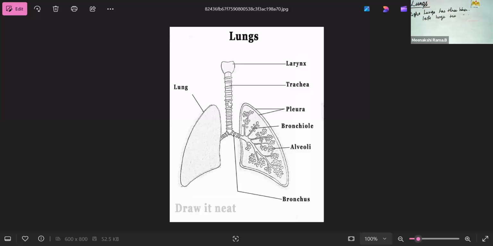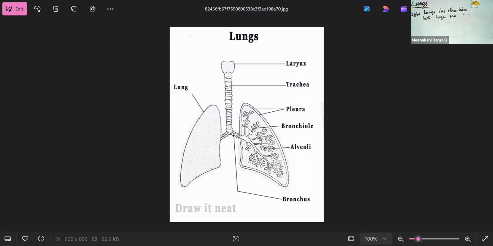This is the trachea, which splits into 2 main parts called the bronchi, one for each lung, which further divide into smaller parts called bronchioles.